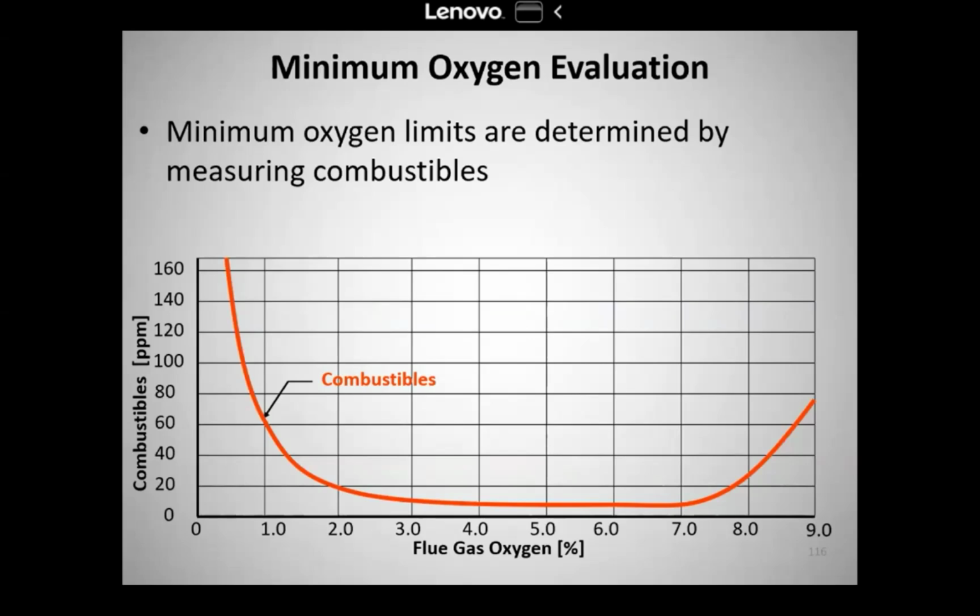As I come up to 2%, I'm down to 20, at 3% I'm down to around 10, and then it pretty much levels off till I get to 7. When I go to 8, it's starting to come up again, because I've got so much air blowing around in there that it's detrimental to burning anything. Velocities are too high and there's not enough time at temperature. So someplace in there is a sweet spot where I want to operate.